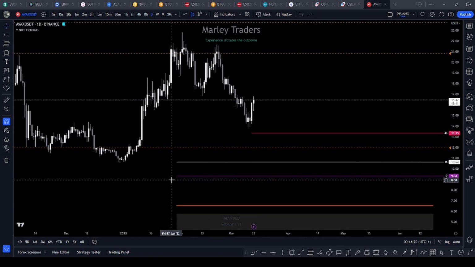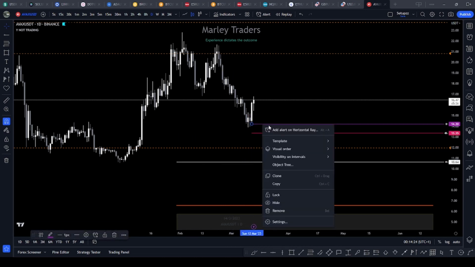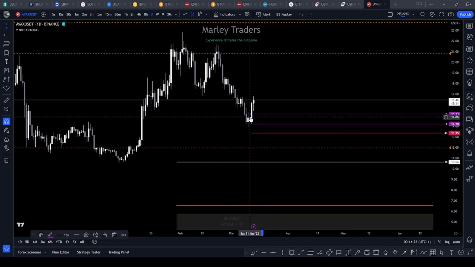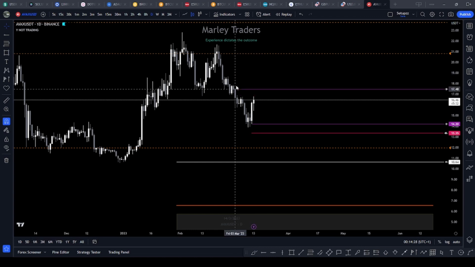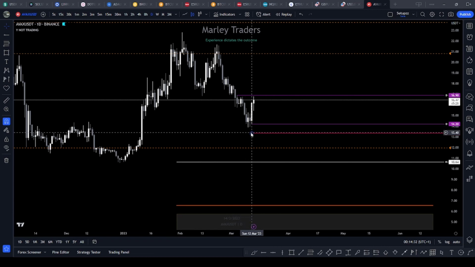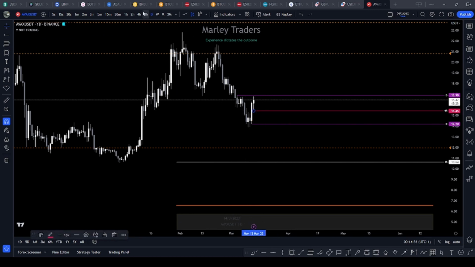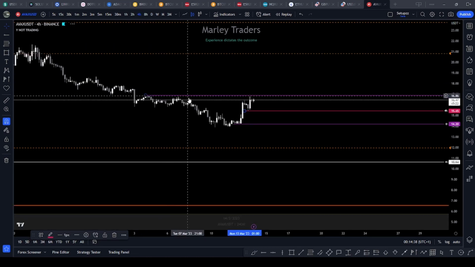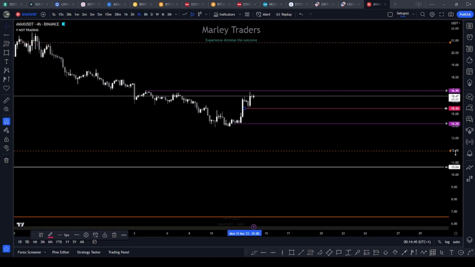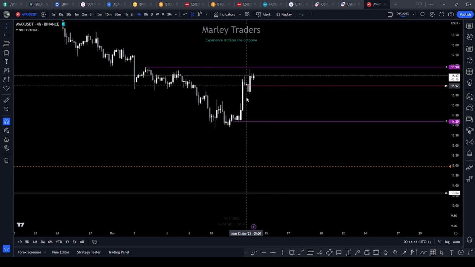So I have my daily here. Because the areas where you already have your daily, you don't need to put 4 hour, okay? So the whole idea is to place your 4 hour where you don't already have a daily or weekly level. So here you will put like that.